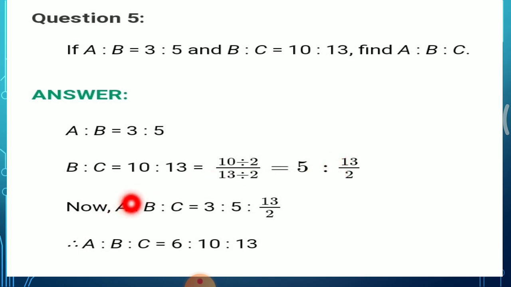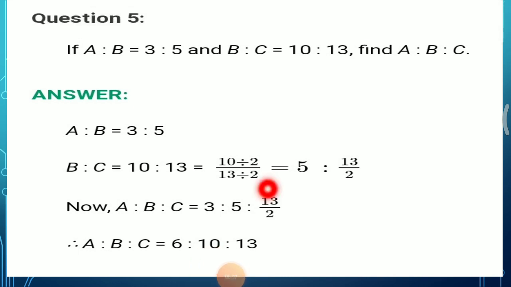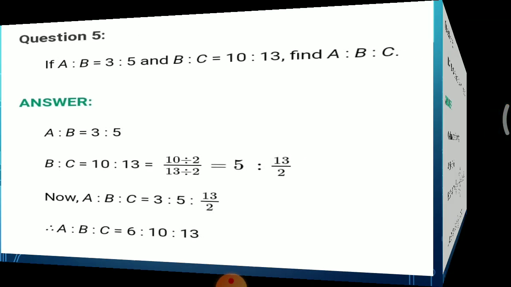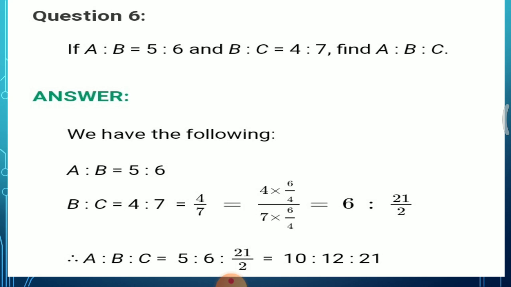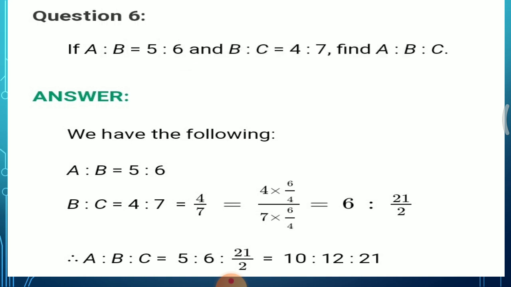Okay, so A ratio B ratio C is equal to 3 ratio 5 ratio 13 by 2. Okay student, so A ratio B ratio C is equal to 6 ratio 10 ratio 13. Now next question, it is also same, A ratio B ratio C. So you solve by yourself. If you have any problem, then you discuss with me in Zoom class.